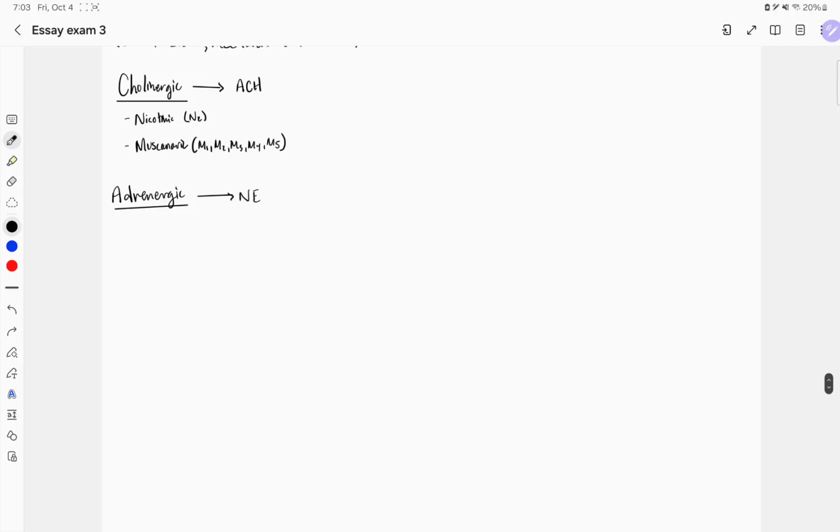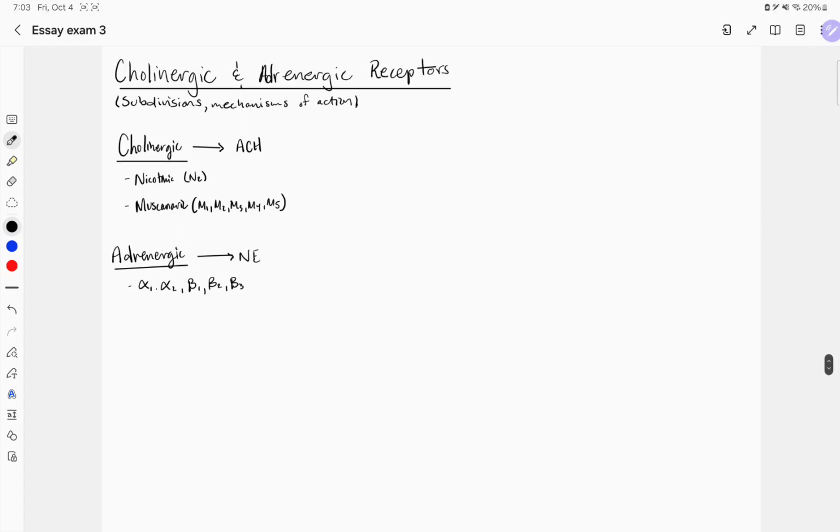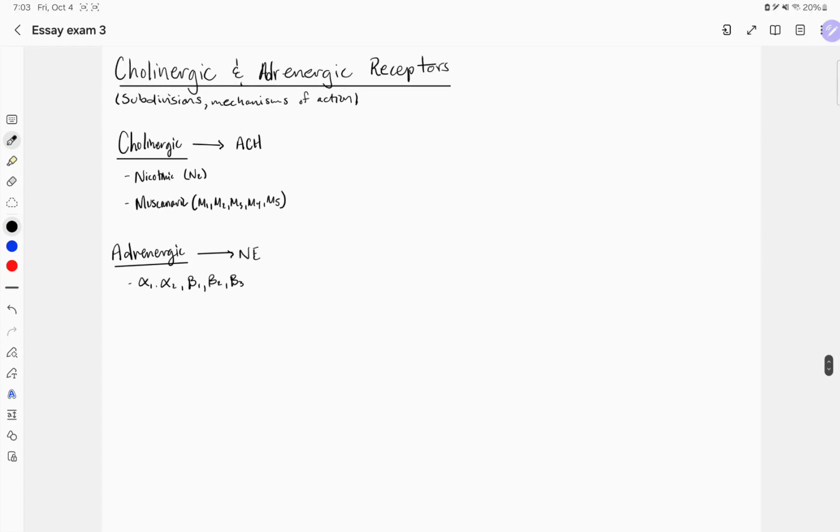And those receptors are going to be alpha 1, alpha 2, beta 1, beta 2, and beta 3. Now, why are these receptors important? What do they do? Why do we care about them at all?